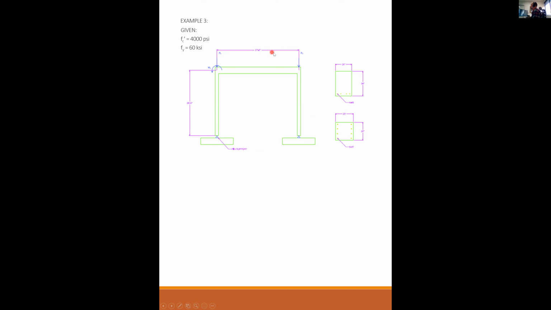The width of the bay is 27 feet. And I have an axial load and an applied moment at the top of this column. That's my setup. The axial load is 800 kips, 550 of that is sustained. The moment is 80 kip-feet. What is required is to determine if the given column is adequate with the given loading. That's what we want to find.